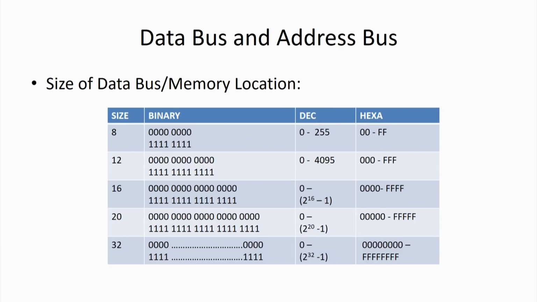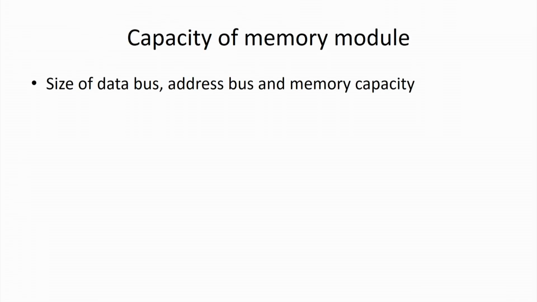It is the same thing. If I am going to have a data bus of 8 bit, then I can go from 0 to 255. If it is 16 bit, I can go from 0 to 2 to the 16 minus 1. When we talked about the number system, we discussed all those issues. Now you just see what the relationship is.